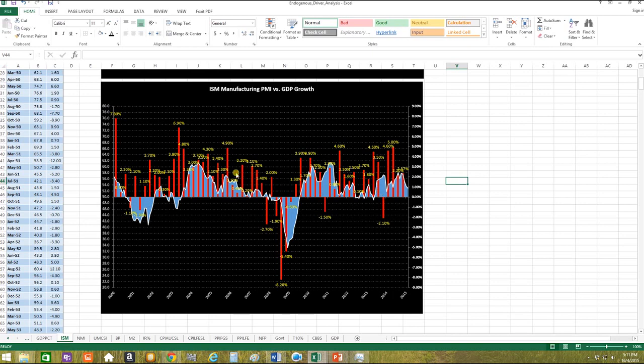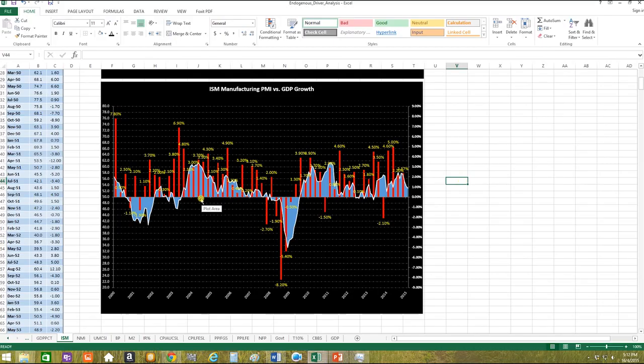And when you look at all of this taken together, what we're doing is just looking at the last 2 business cycles, and we're comparing the ISM to GDP, and what we're trying to understand here is how the ISM can be read to predict what's going to occur in the economy.